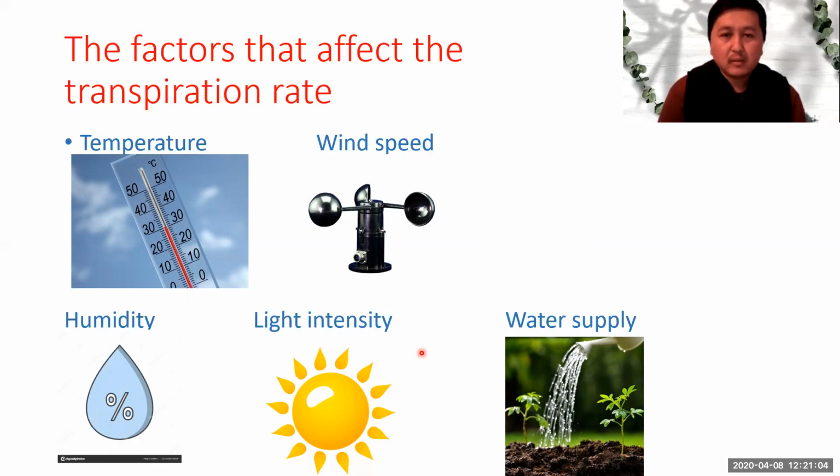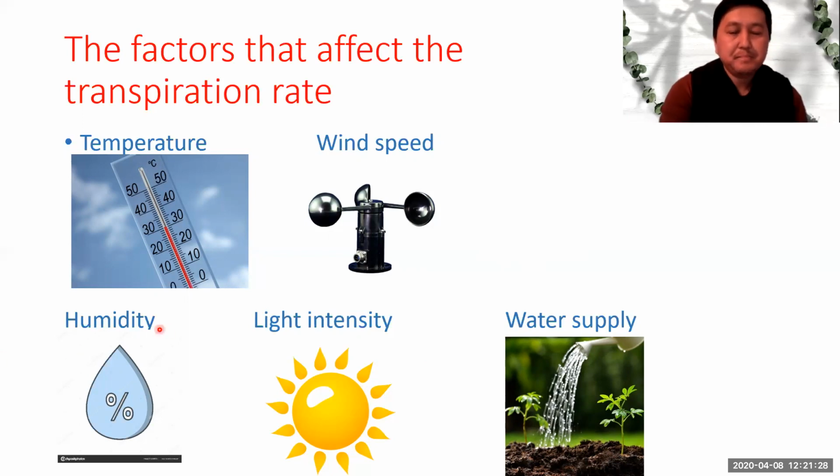And the second one, wind speed. On a windy day, the water also evaporates more quickly than on a still day. Because of this, the transpiration rate increases when the wind speed increases. The humidity.